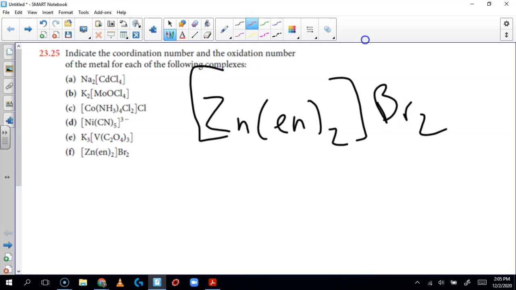So again, we should always be able to split this. Okay, and remember, each bromine is 1 minus. There's 2 of them. So this side of the molecule is 2 minus. So that means this side of the molecule must be 2 plus.